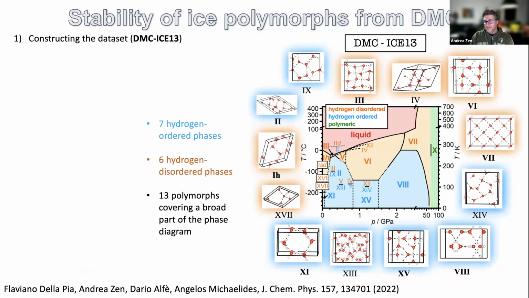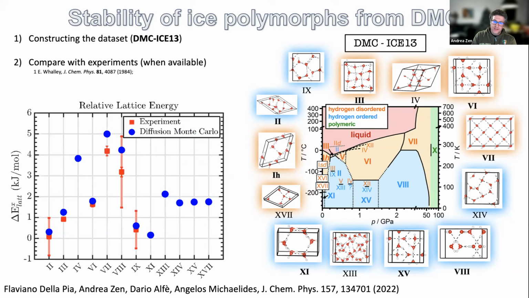Flaviano selected a set of 13 polymorphs of ice to represent the overall phase diagram. Then he performed diffusion Monte Carlo calculations. He considered the relative lattice energy, which is the quantity that tells which polymorph is more stable than the others, and so determines the phase diagram, and compared it with the experiments.